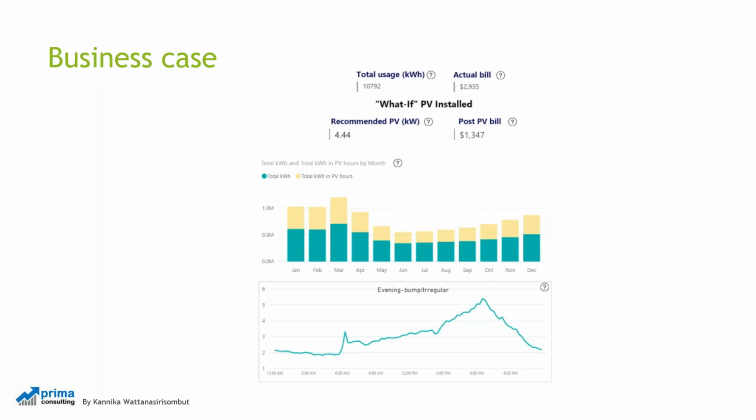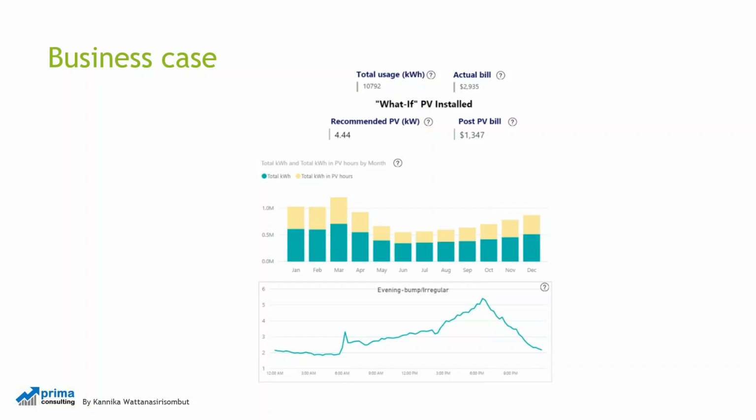And also the cost analysis has shown that this customer will have a significant saving of more than 50% of the comparable bill. So the actual bill that's used is $2,935.